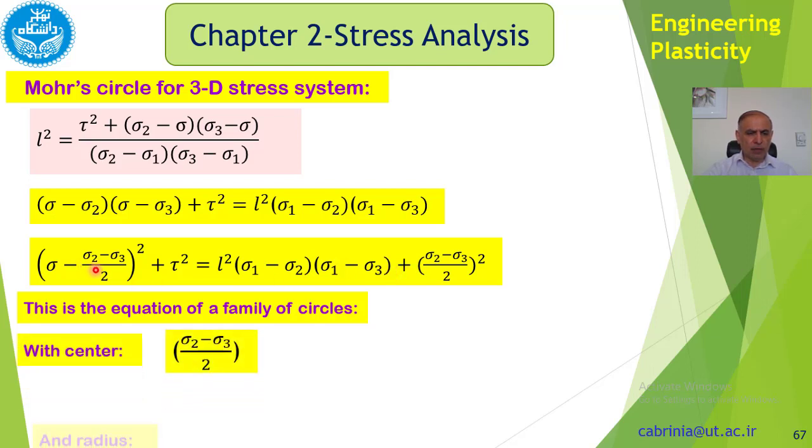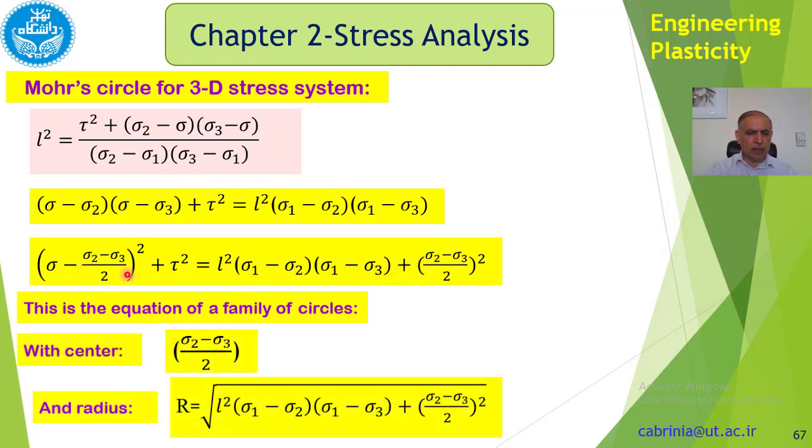So the center of this family of circles would be 0, 0, but it's not 0, 0 because we have this minus this number. So the center will be on the x-axis, because as you know, in the Mohr circle the x-axis is sigma, and the y-axis is tau.